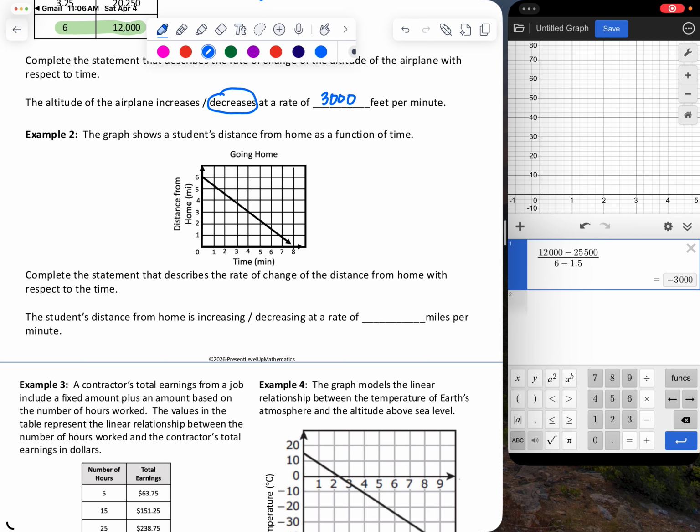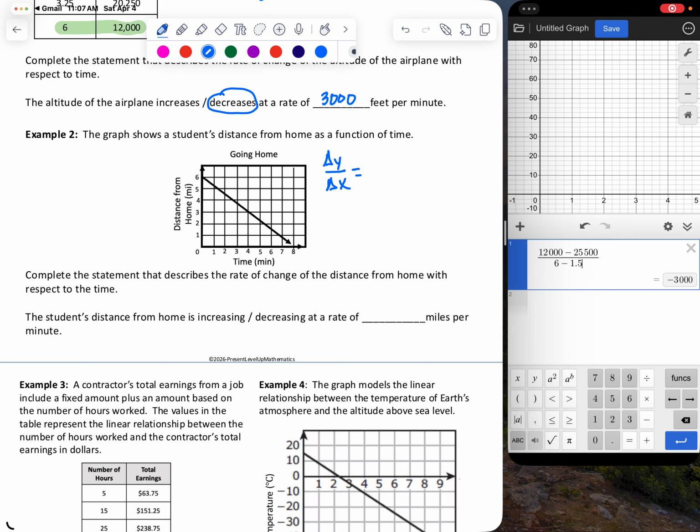Now, when I'm given a graph, I generally use change in y over change in x, although sometimes I will use the slope formula. But for this problem, I think I'm going to use change in y over change in x to find the rate of change or the slope. Our directions say to complete the statement that describes the rate of change of the distance from home with respect to the time. Just like the problem above, we'll circle increasing or decreasing and then tell the rate.